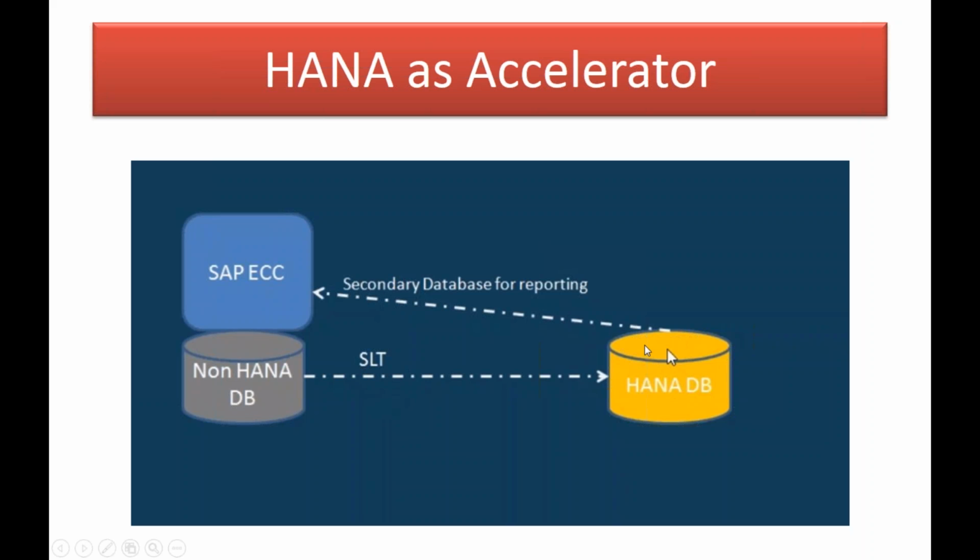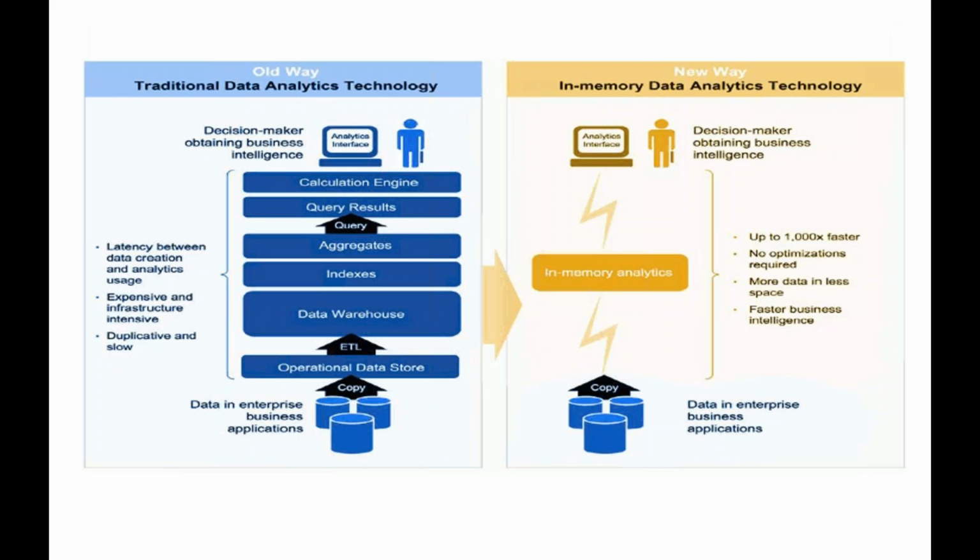This is a secondary database system. Then if I want to create a report, I can access the data from my secondary database system only for reporting purposes. So it will accelerate your data performance. Okay, so these are the many ways I can use my HANA system.